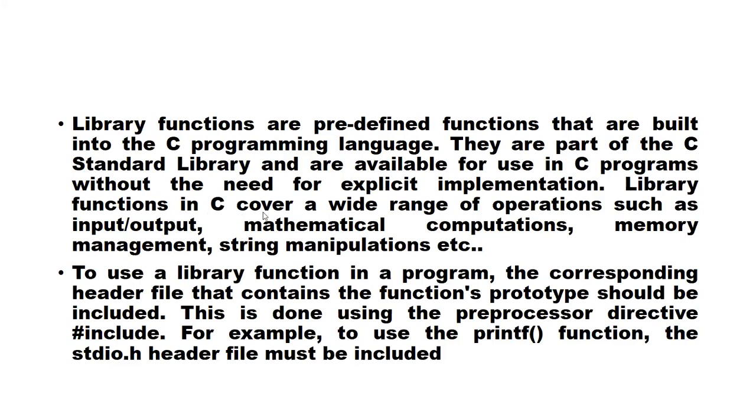Library functions in C cover a wide range of operations such as input, output, mathematical computations, memory management, string manipulation, etc. To use a library function in a C program, the corresponding header file that contains the function's prototype should be included. This is done using the preprocessor directive #include. For example, to use the printf function, the stdio.h header file must be included.